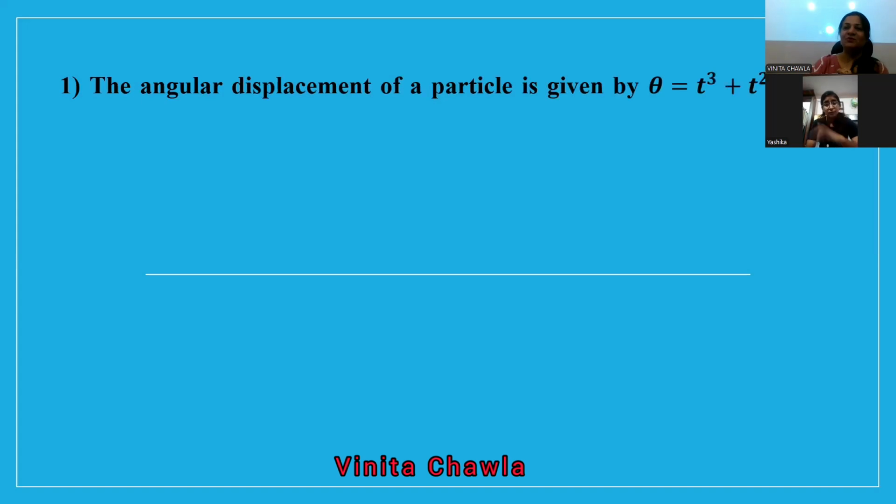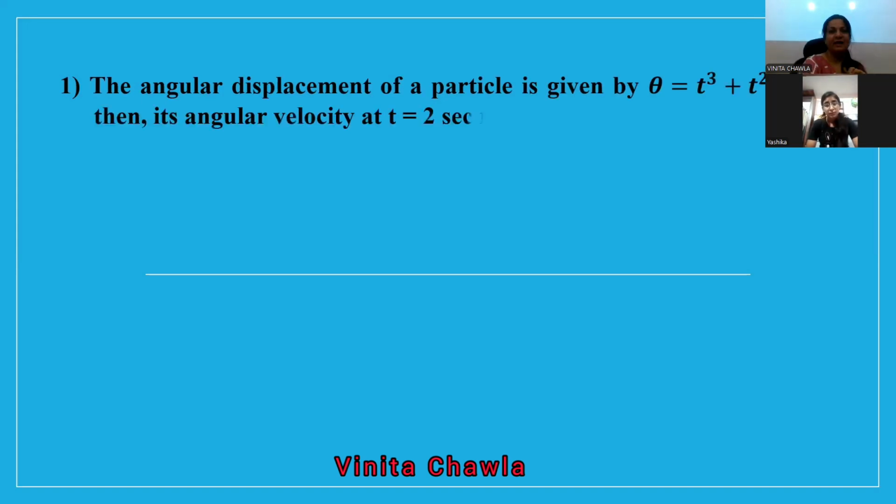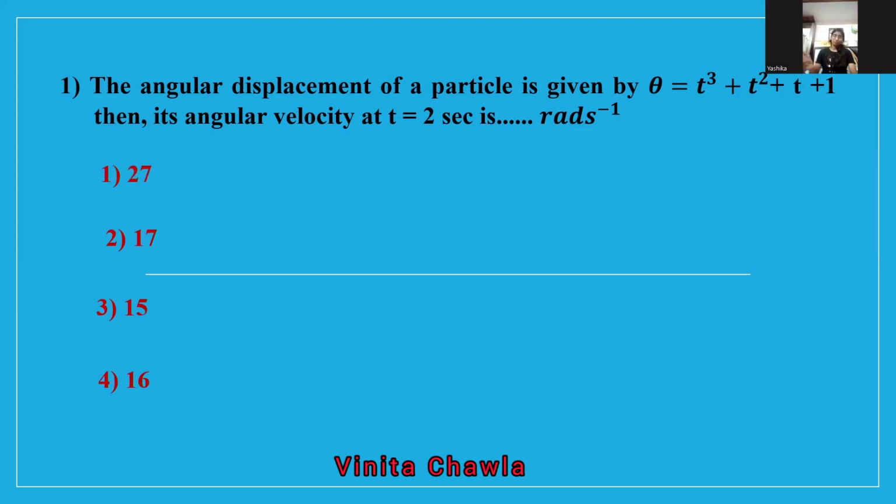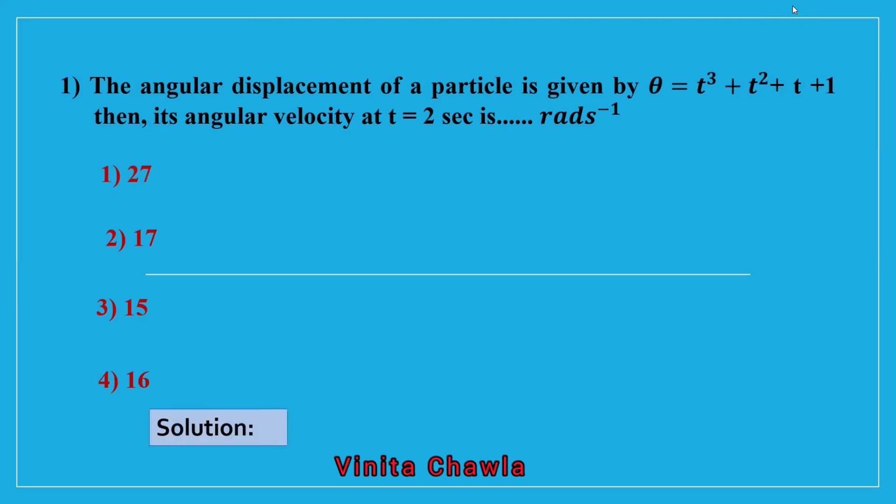Okay, next. The angular displacement of a particle is given by this, then angular velocity at t is equal to 2 seconds is radian per second. These are the options. Find the correct answer. We'll differentiate theta with respect to t.